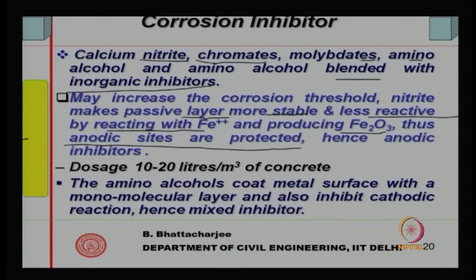Rebar corrosion is an electrochemical process, and in it there are some anodes in the rebar and some cathodes in the rebar. If the coating is there on top of the anode, this Fe cannot dissolve; at the anode Fe dissolves, at the cathode the cathodic reaction takes place. We will discuss this later when we talk of rebar corrosion. Now, amino alcohols coat the metal and therefore inhibit the anodic reaction, but also inhibit the cathodic reaction, hence mixed inhibitor.